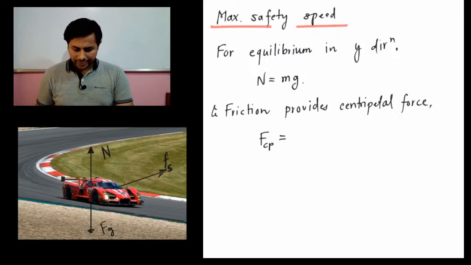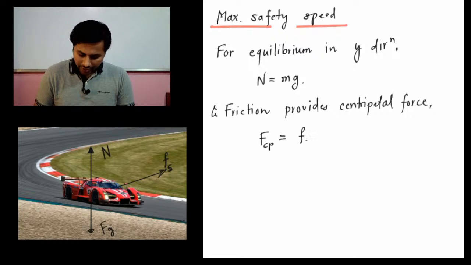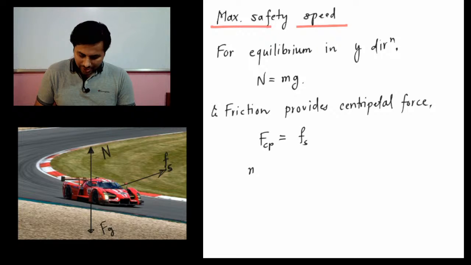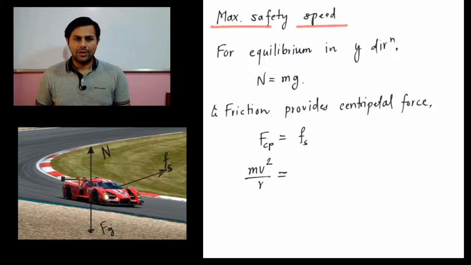F_cp is equal to what? The static frictional force between the tires of the car and the road surface. So it is mv squared over r, equal to, what is static friction?